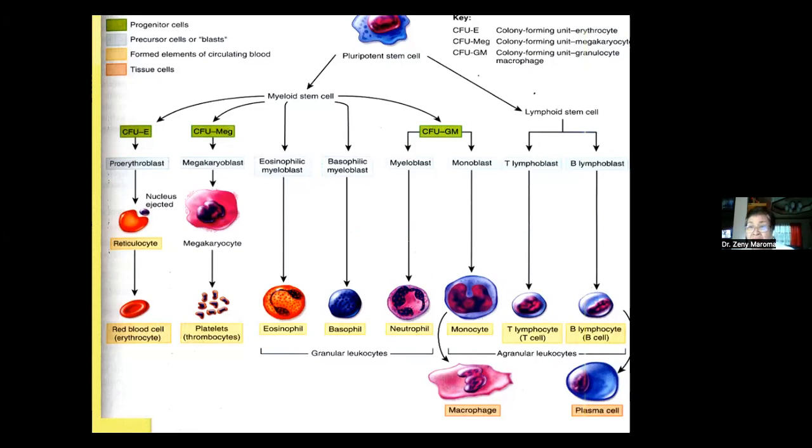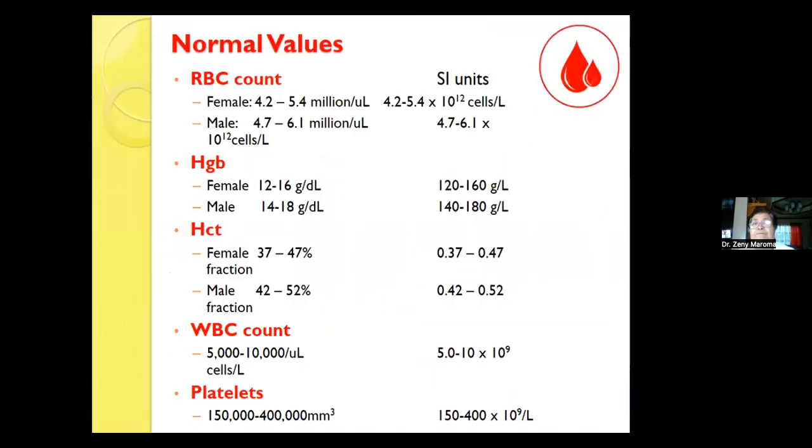So we have the RBC, WBC, platelets will be decreased in number. There will be pancytopenia. Okay? So the red blood cells, the WBC, the platelets, and differential count, the different WBC originate in the pluripotent stem cell. Okay. So what are the normal values?